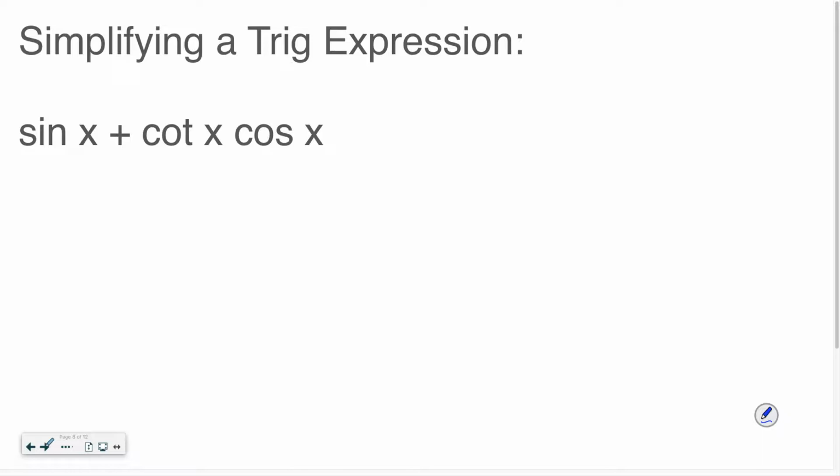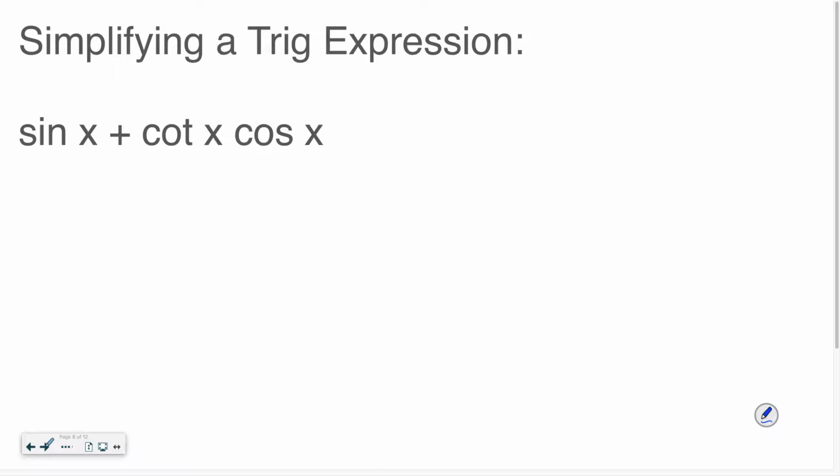All right, let's try another one. Okay, any ideas? We could do like a quotient identity.